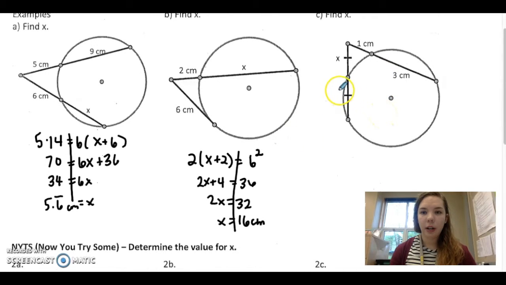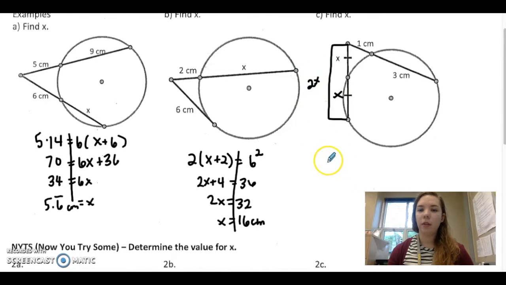Okay, here, this piece is also x, so just before we even start, the whole length is not x squared, but 2x. X plus x is 2x. Okay, so you have the piece on the outside times the whole length, so 1 times 4 equals the piece on the outside times the whole length.